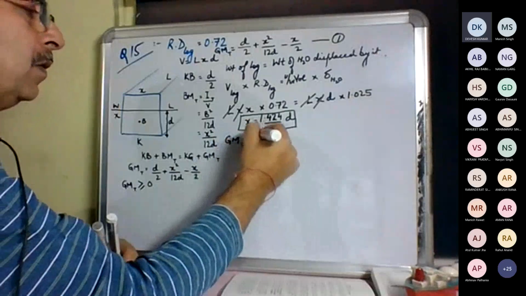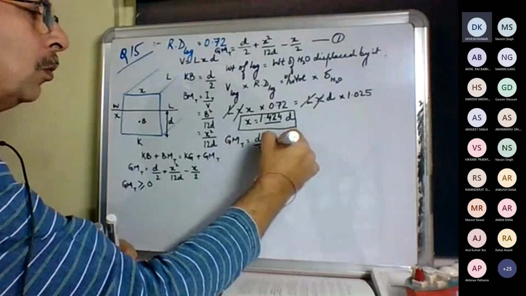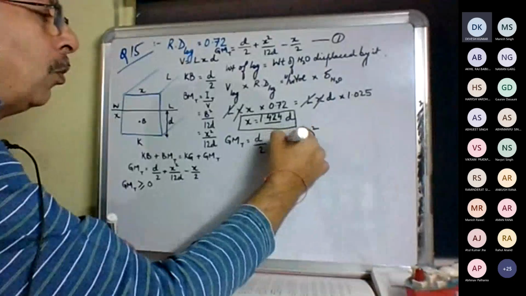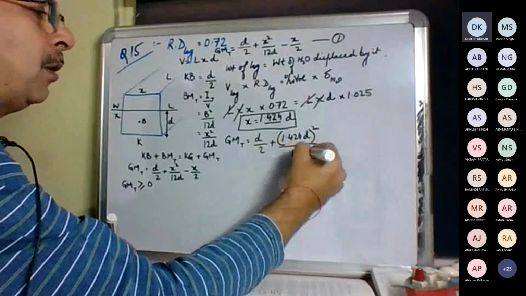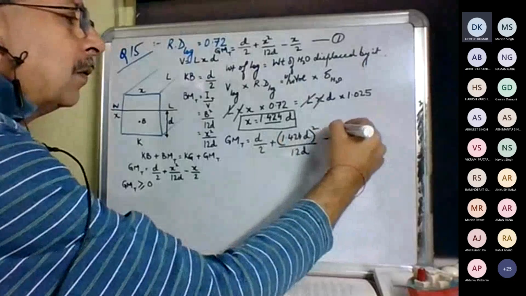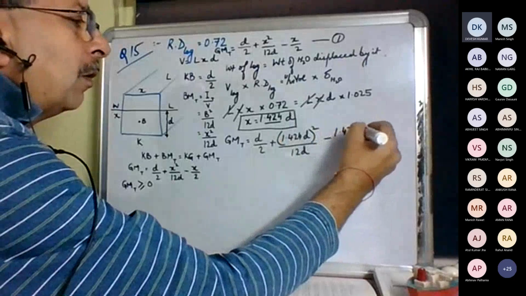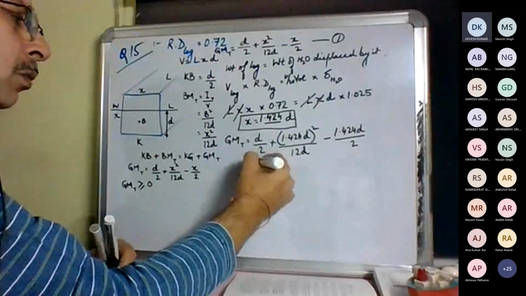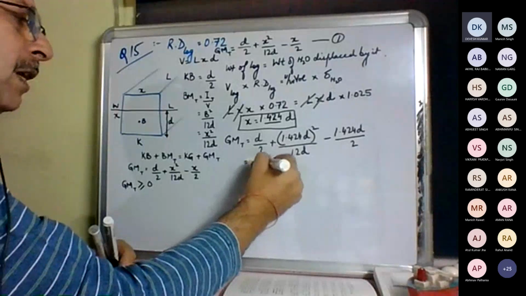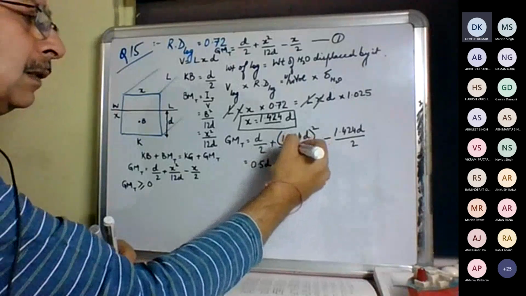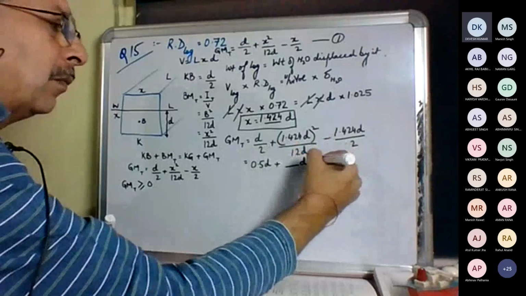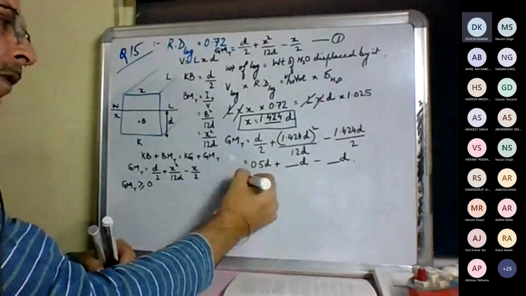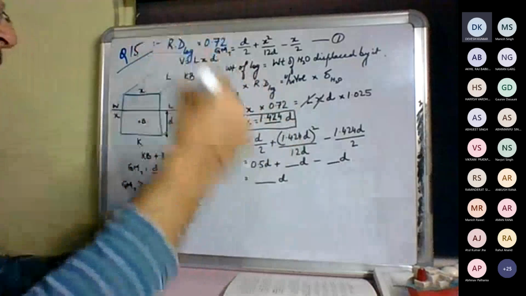So GM is equal to D by 2 plus (1.424 D) whole square divided by 12D, minus 1.424 D divided by 2, is equal to 0.5 D plus something D minus something D is equal to something D.